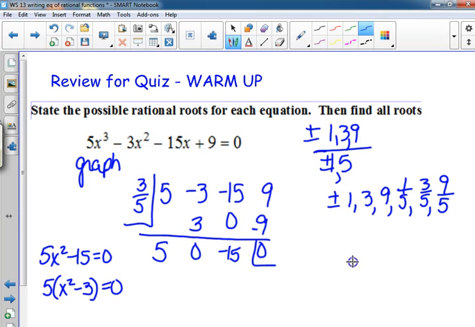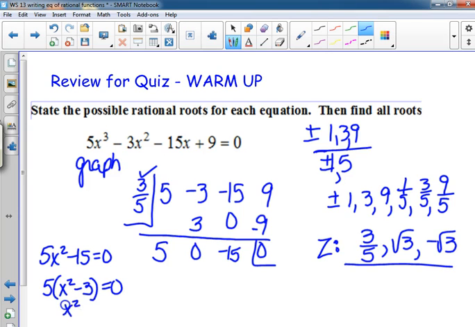So where are all the zeros? 3/5. Square root of 3, negative square root of 3. Got that from here. Okay. Factored.